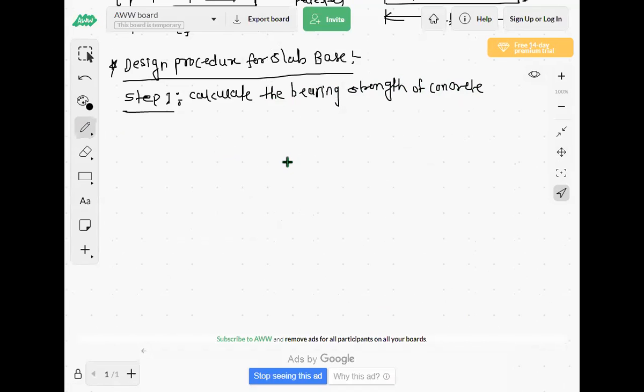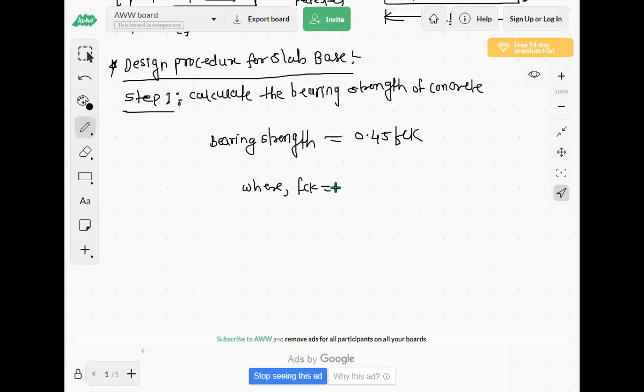It means how much strength the concrete has. That bearing strength of concrete we have to calculate. So bearing strength is equal to 0.45 FCK.